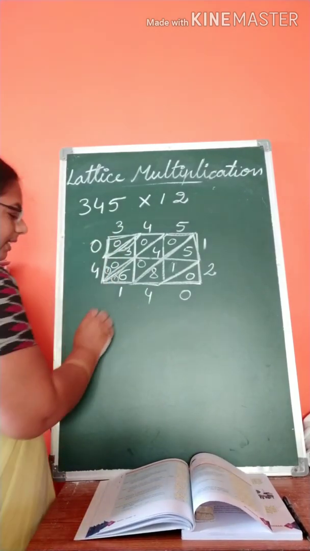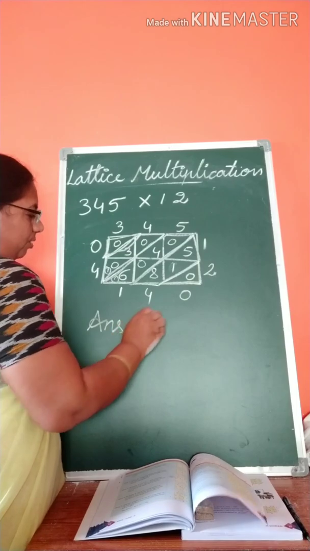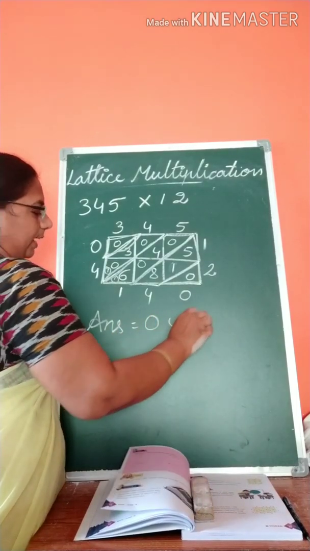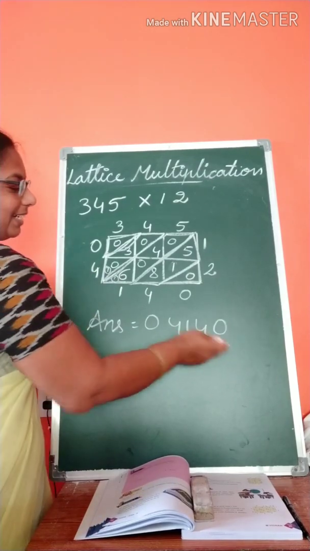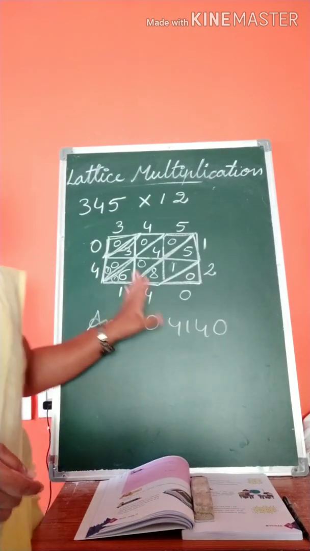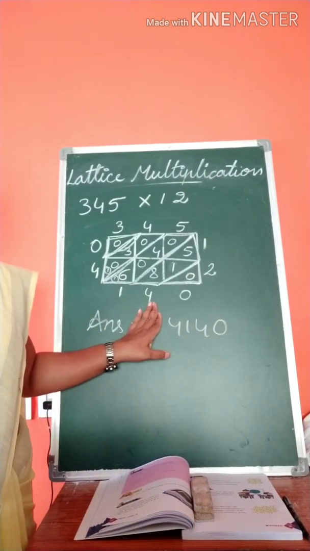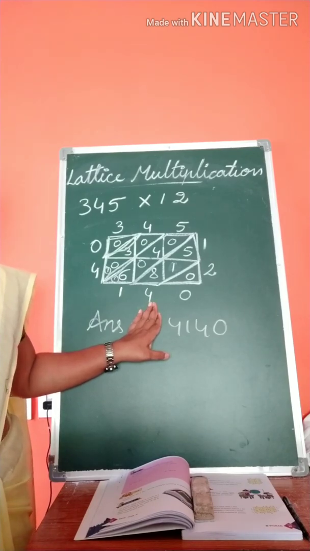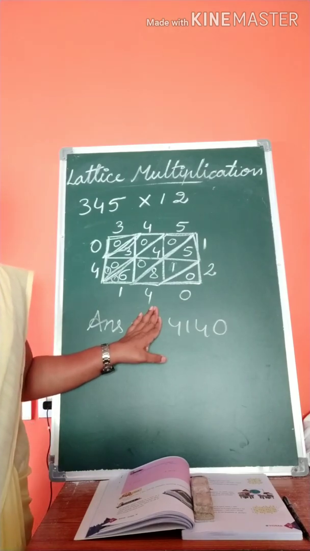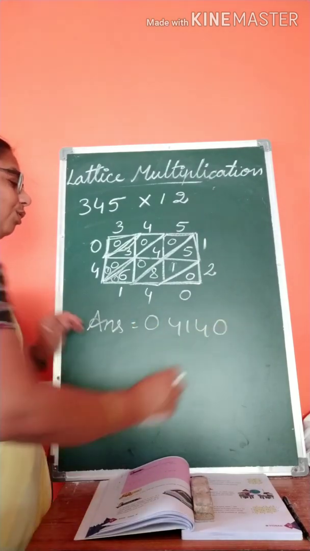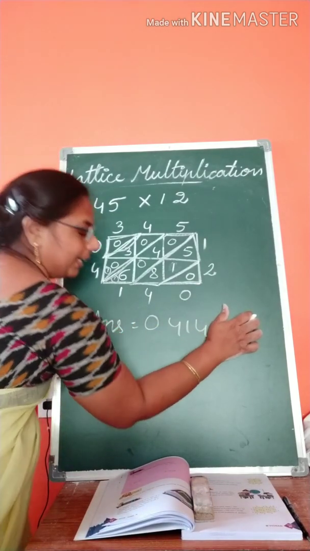Now what is the answer here? The answer is 0 4 1 4 0. So here left hand side 0 is there, right hand side 0 is there. What did I tell? Whether you want to write it or not, no problem. The left hand side 0, if you want to leave it, you can leave it. But the right hand side 0 should be written. Because if you take this 0 out, what will be the answer? 414.